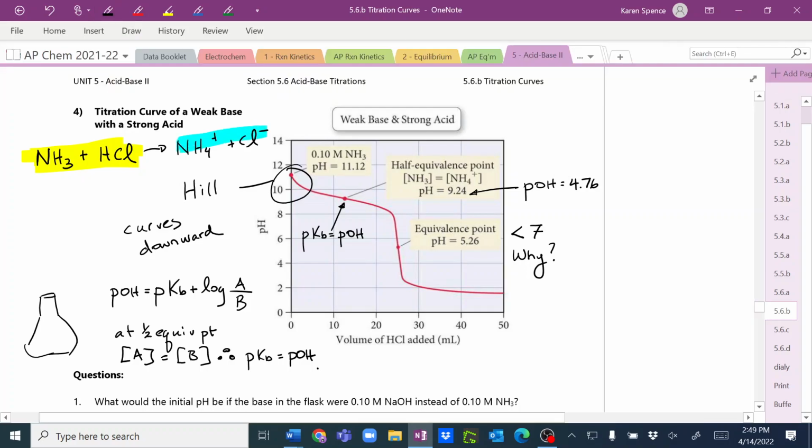Okay, so at the equivalence point, all we have is NH4 plus and Cl minus.